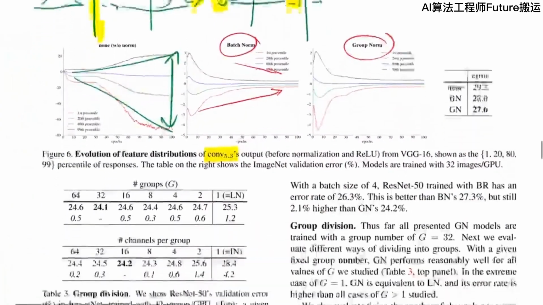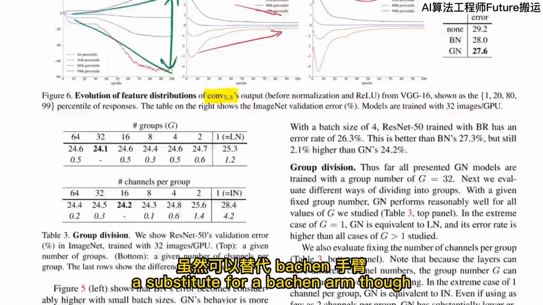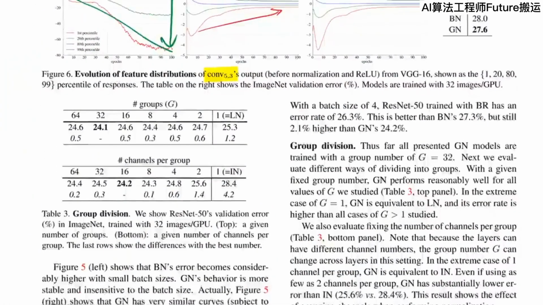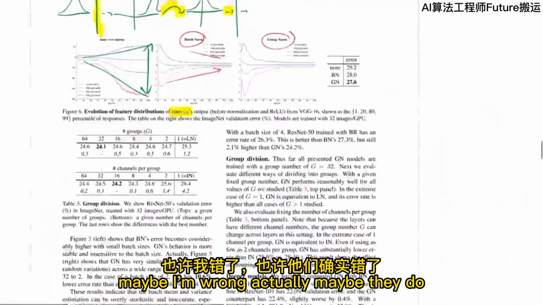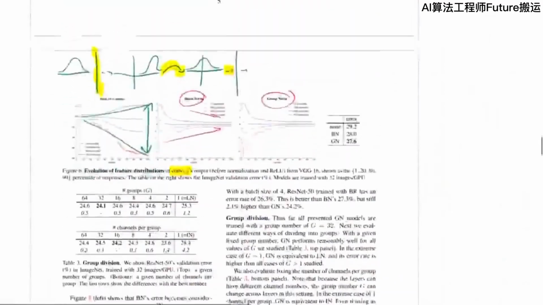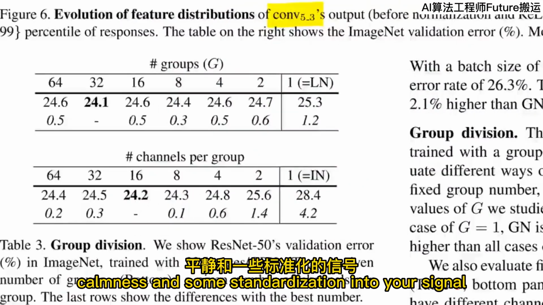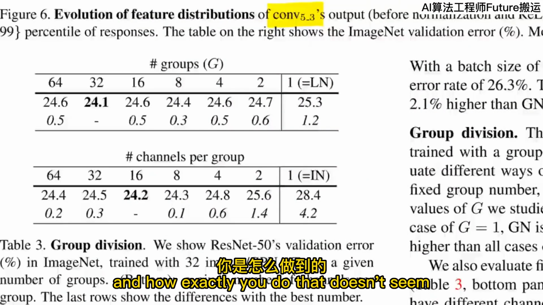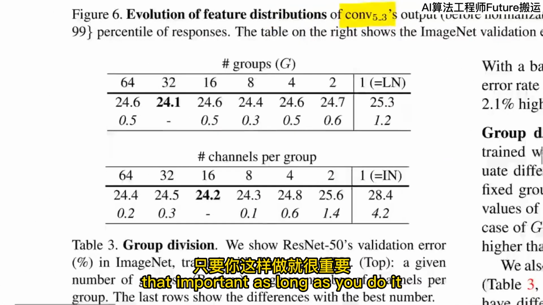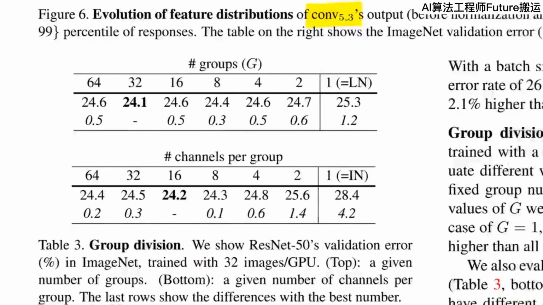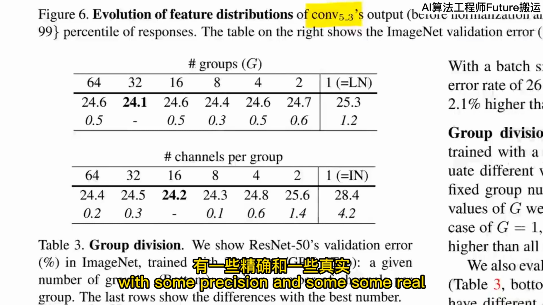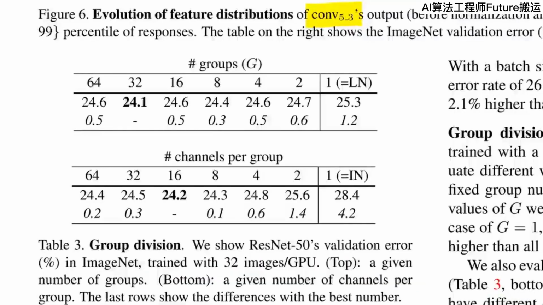It seems to be a substitute for batch norm, though they don't have an experiment where they do both, I believe. Maybe I'm wrong, actually. Maybe they do. But yeah, it seems like you just kind of have to bring some calmness and some standardization into your signal. And how exactly you do that doesn't seem that important, as long as you do it with some precision and some real overall statistics.